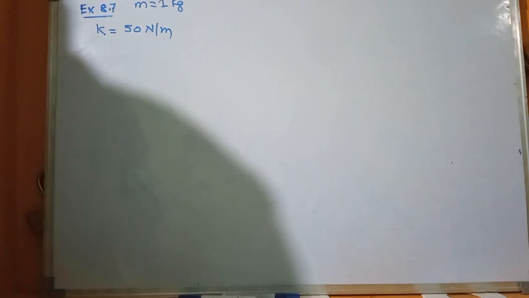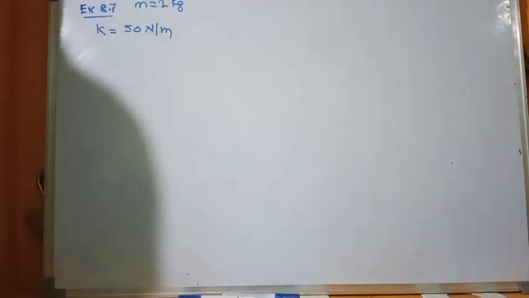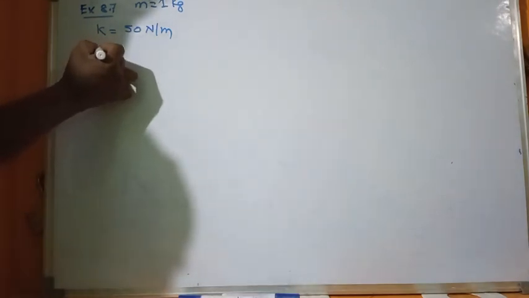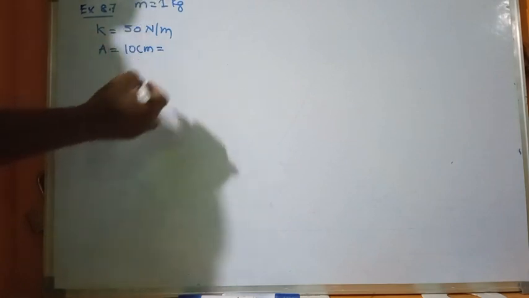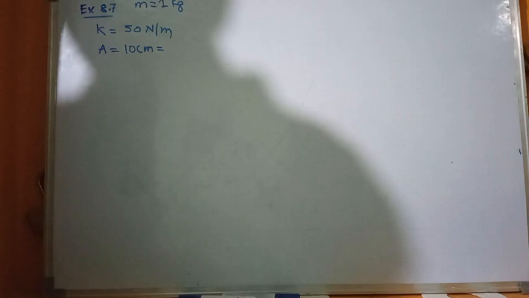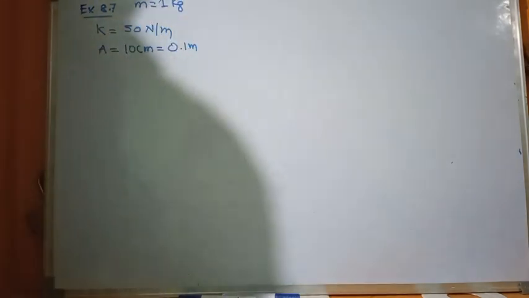The block is pulled to a distance x is equal to 10 centimeters from its equilibrium position, x is equal to 0, which means that x is equal to 10 centimeters is the maximum displacement from its mean position. So it is called the amplitude, which is equal to 10 centimeters, and in meters that is 0.1 meters.